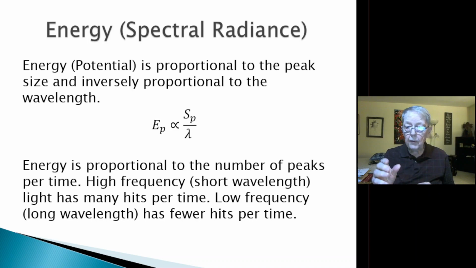Whereas the low frequency, long wavelength has fewer hits per time, but out there it can have a larger peak. So that's the right side of the curve. You get a large peak, but it doesn't hit as often. So you've got the size of the peak and the wavelength competing against each other.